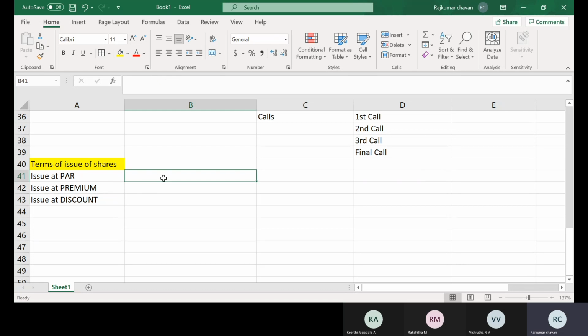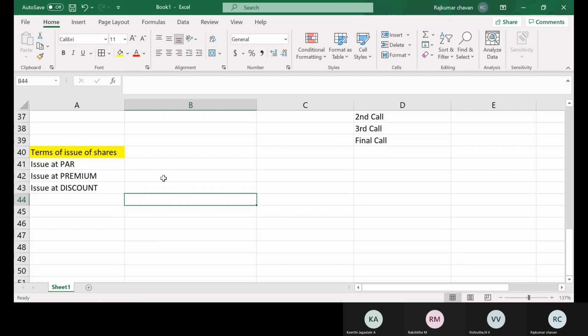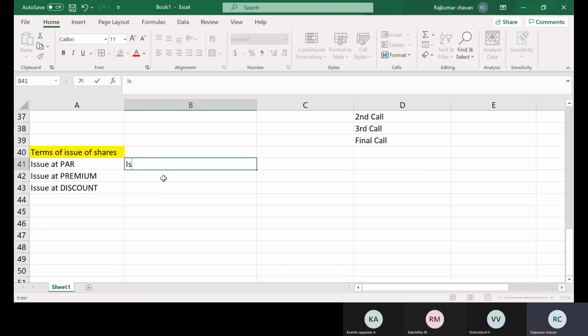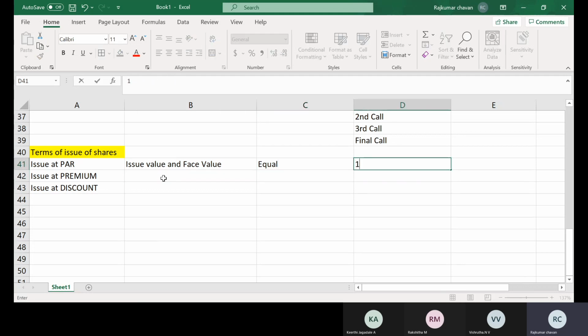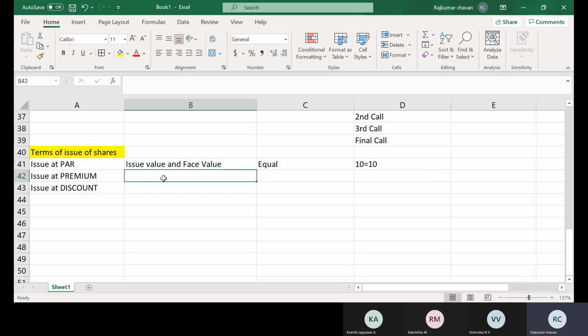So you need to be very clear what is par. Issue value and face value both are equal. If the company is issuing the shares at 10, and the face value is also 10, this is called issue at par.